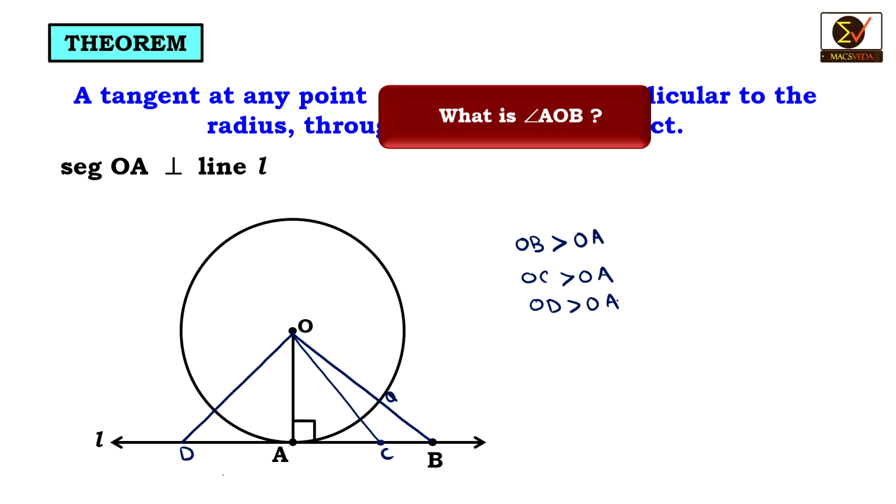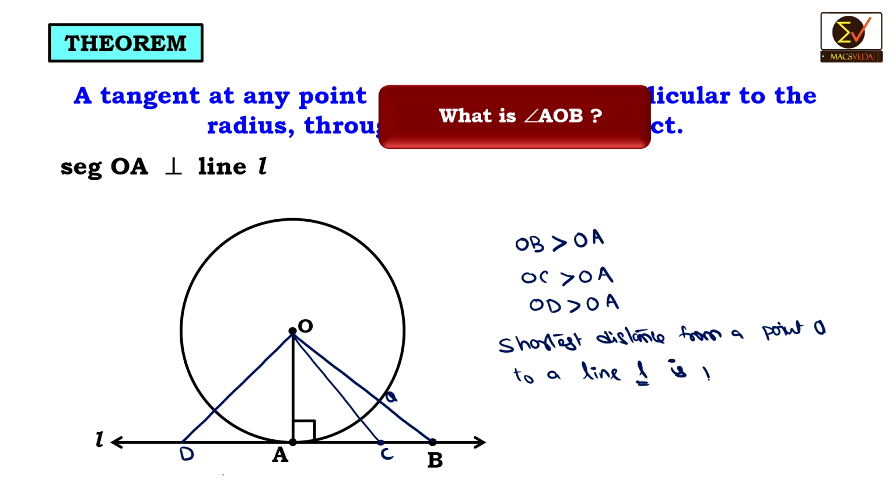Now you know that the shortest distance from a point O to a line L is called what? What is the shortest distance from a point to a line?